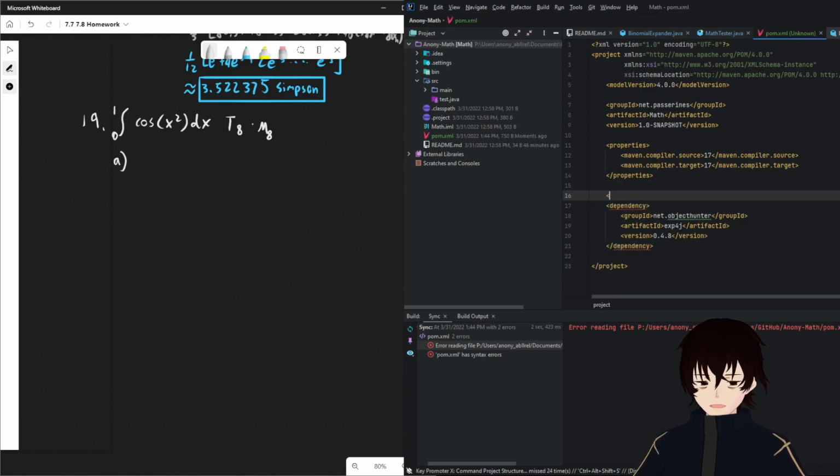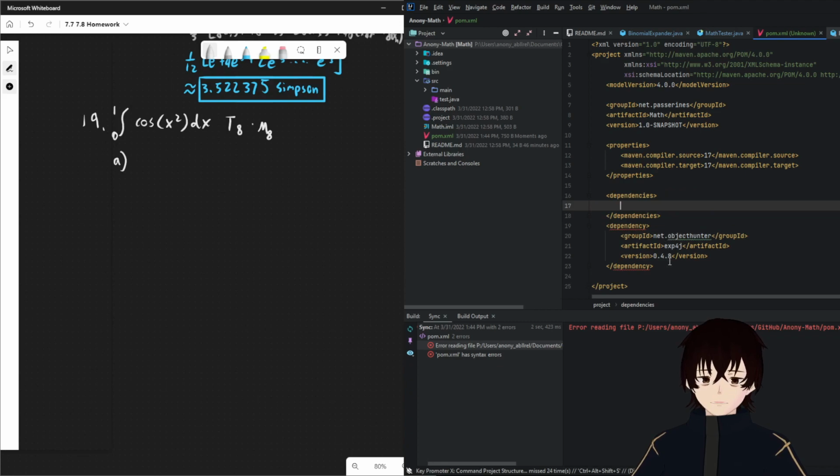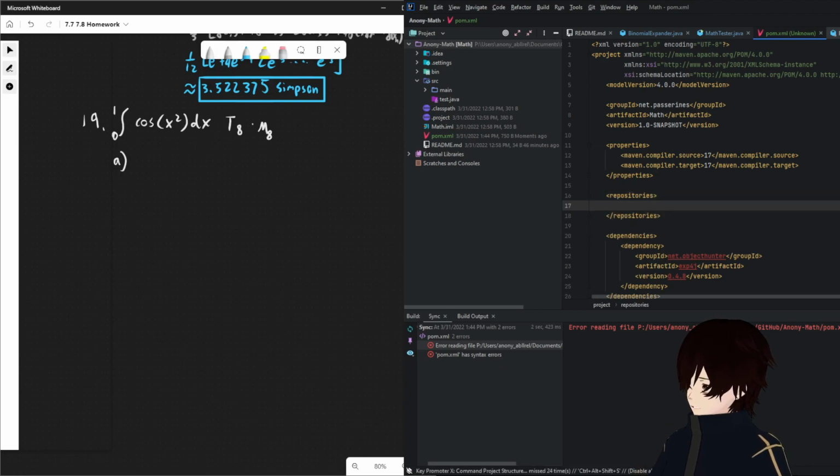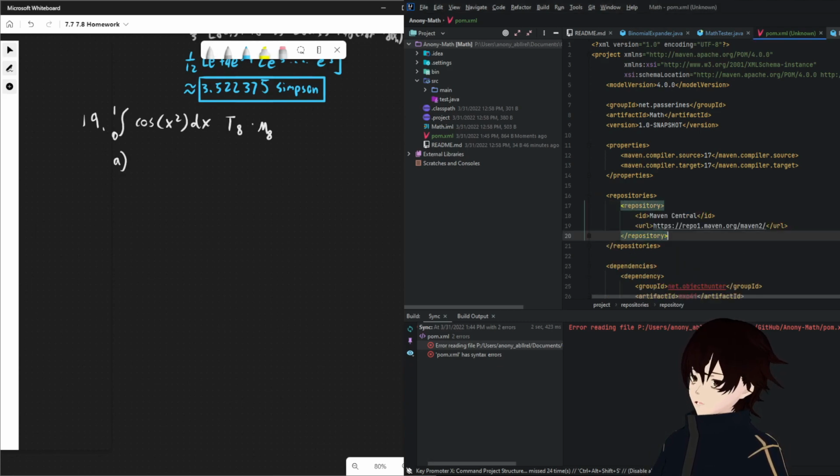Oh, I remember now. Dependencies. This goes in here. Same for repositories. Goes in there. Now let me copy paste the Maven Central. Here's for Maven Central. Hopefully it's in Maven Central.